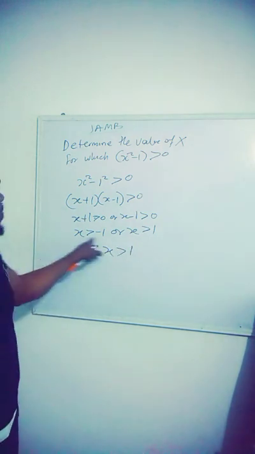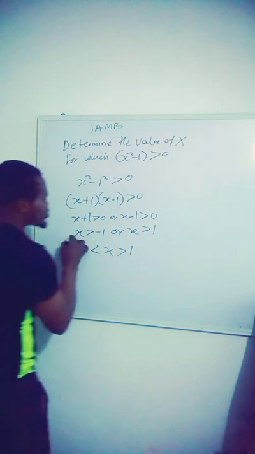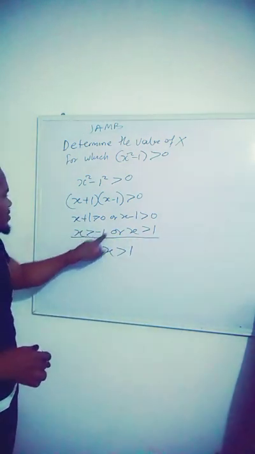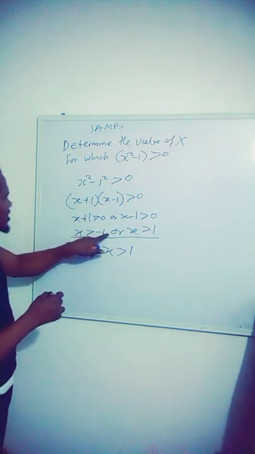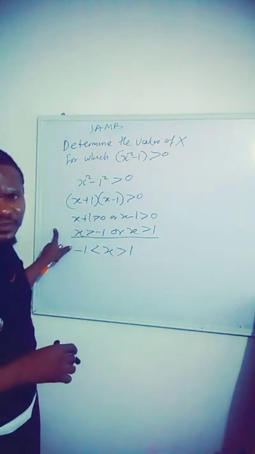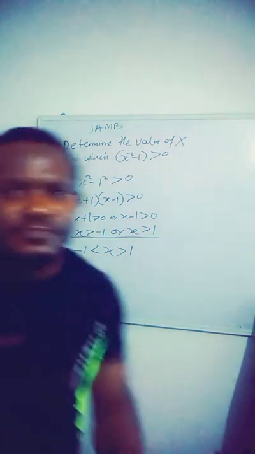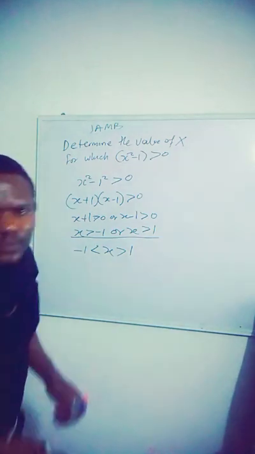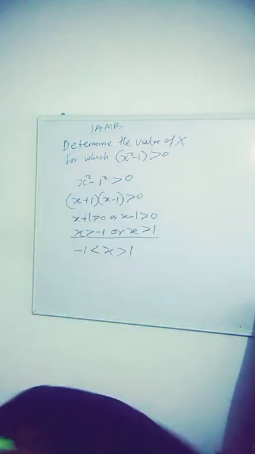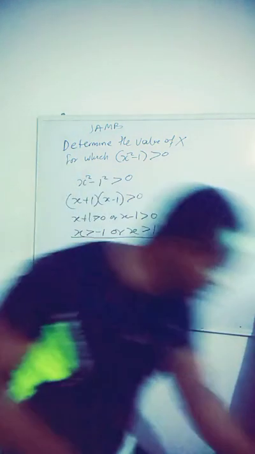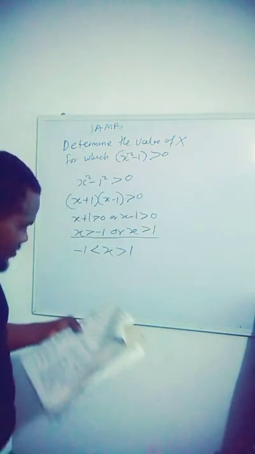I'm trying to put the two together. So if I'm writing this first, it becomes x is less than minus 1 and less than... Are you getting it now? So that is how we rule. So this is the answer. So we move to the next question.